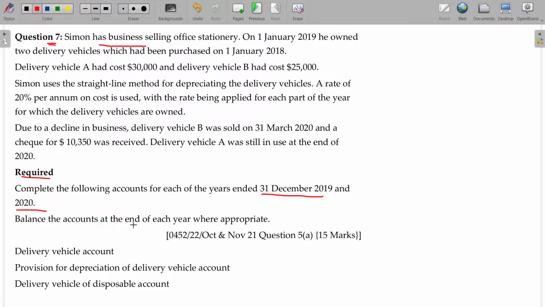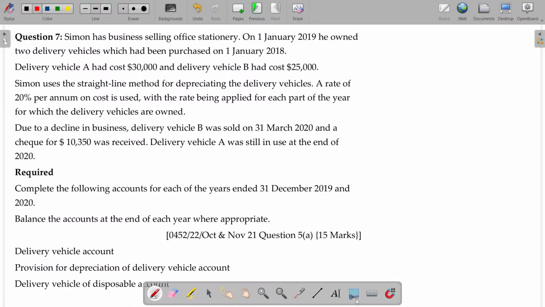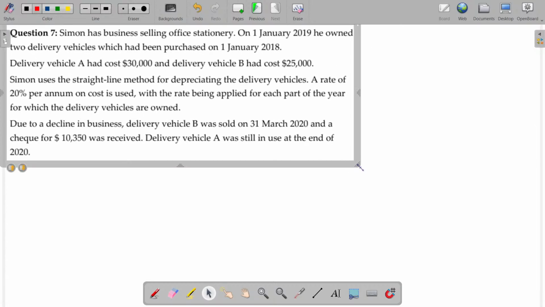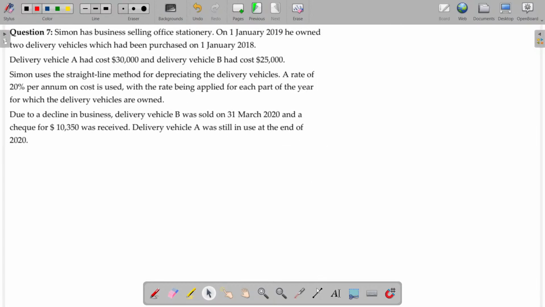Balance the accounts, so we have to calculate for the 2 years and you have to prepare delivery vehicle, provision for depreciation, disposal account. Okay. So you want only this information. So I'm going to prepare for 2 years.